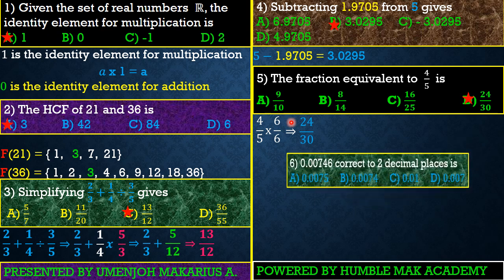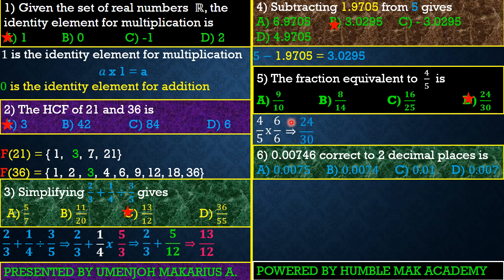Okay. So, guys, question 6 reads that 0.0746 correct to 2 decimal places is, okay. Now, guys, in order for us to get this question done, all we have to do is to look at the next digit that is found after these 2 zeros, because we want this answer written in 2 decimal places.